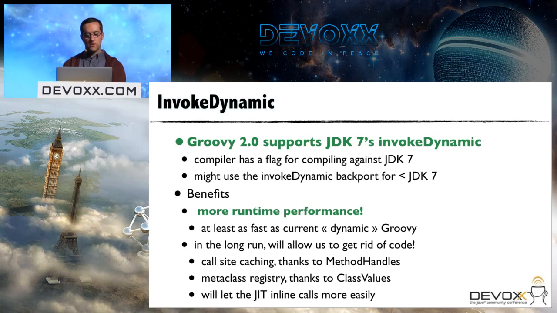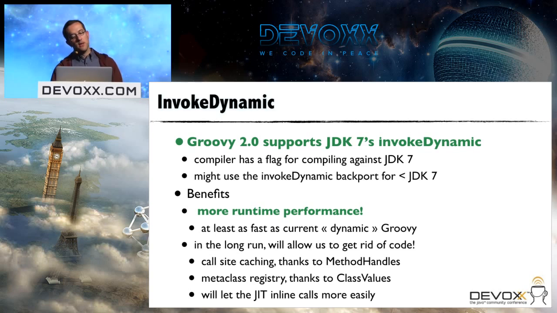We've got a special jar for that, so that if you're not running on JDK 7, we don't require it, because Groovy 2.0 still works with Java 5, Java 5 being the minimal requirement. What's nice is that it brings better runtime performance, and in the long run it will also allow us to get rid of some of our code that we've been using for improving the speed of Groovy.